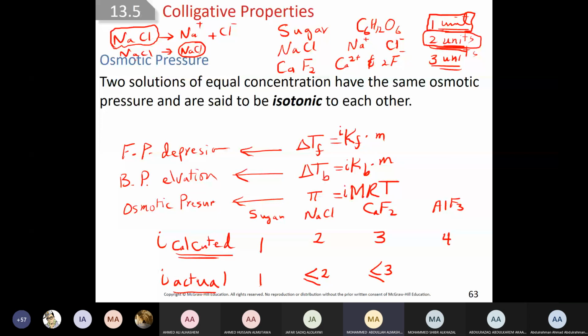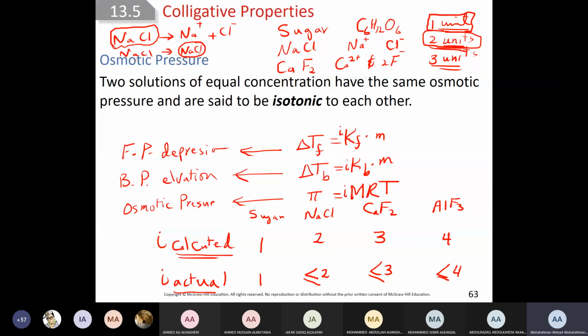Plus 3 and minus 1 times 3 is 4 units. And what will be the actual? Less than 4, maybe equal to 4. Can it be more than 4? No. Never. Is this clear?